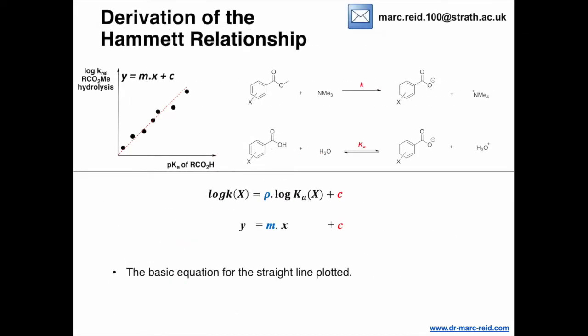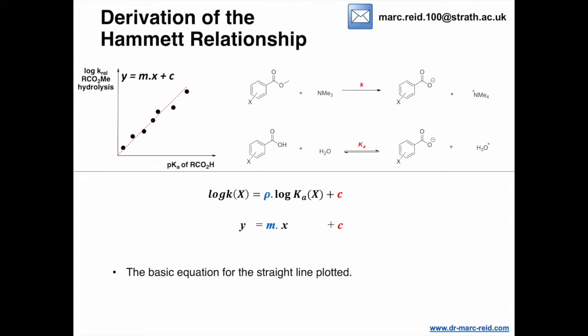The top of this slide shows us the reactions and linear plot we've seen before. Let's now dig a little deeper in order to work towards what we recognise as the Hammett relationship. On the bottom, the equation at the top describes the linear relationship from the plot in terms of the axes in that plot.